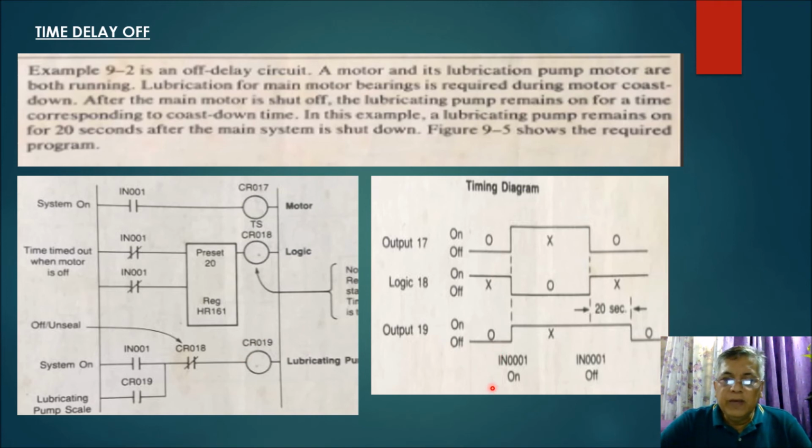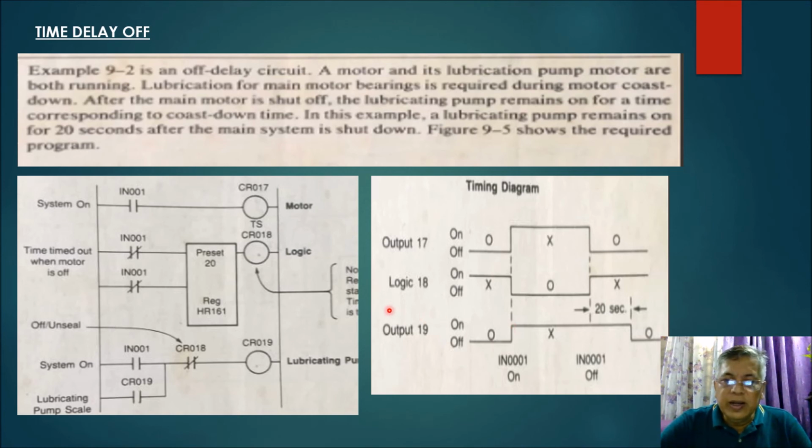Now, if your input 001 is turned on here, automatically your CR17, which is your motor, will also be energized. In other words, from 0, it will become 1. At the same time, your output 19 will also be energized, from 0 to 1.